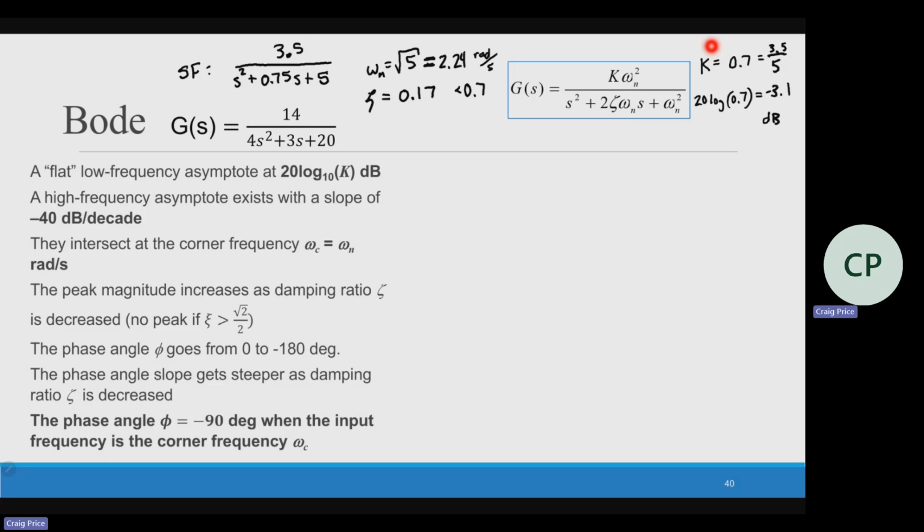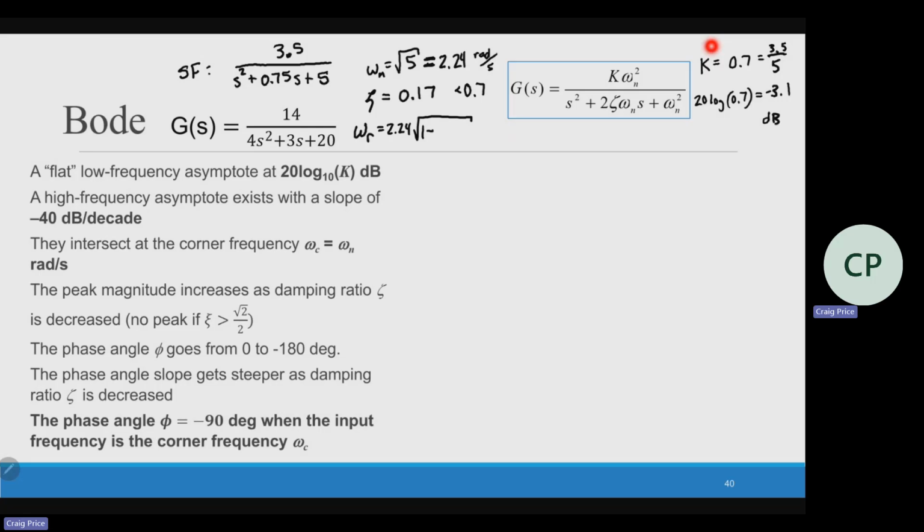There's one last thing that I want to calculate. Because we definitely have a bump, where does that bump occur? So resonant frequency is equal to natural frequency, 2.24, times the square root of 1 minus 2 times zeta squared.